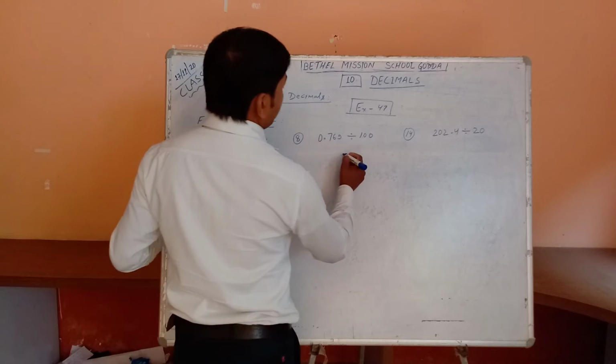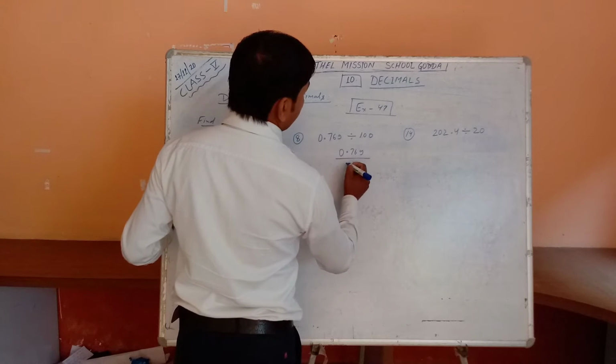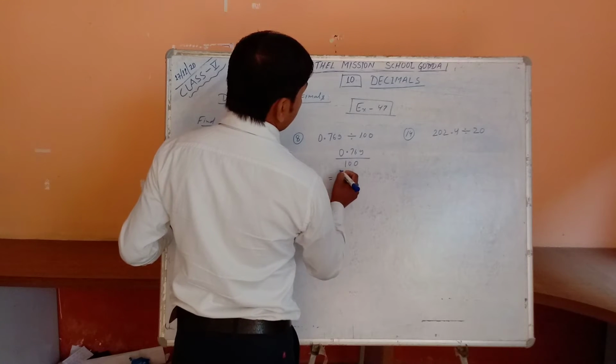And here, same, 0.769 is divided by 100, so shift the decimal.